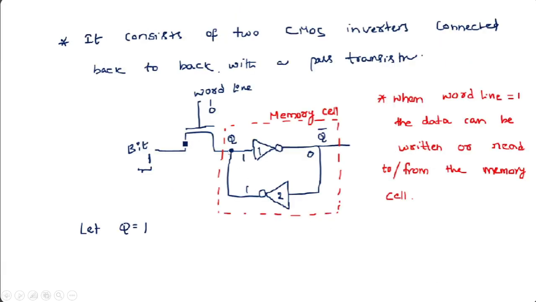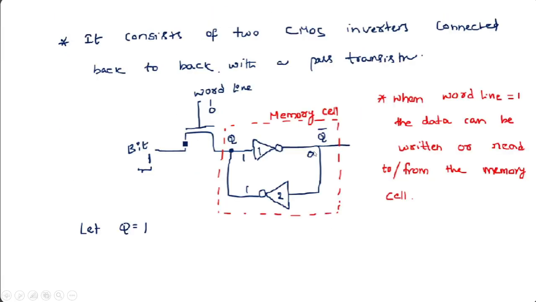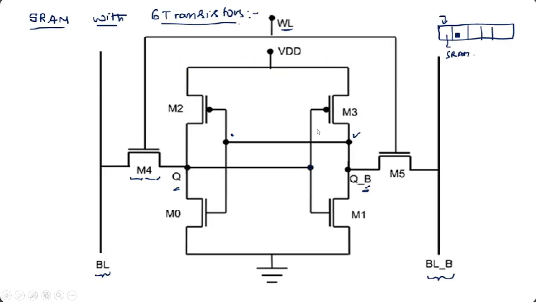This input is connected to this output, and this output is connected to this input, back to back. Again, two pass transistors are there, given to the word line, and from the bit line, data will be read or written into this SRAM cell.